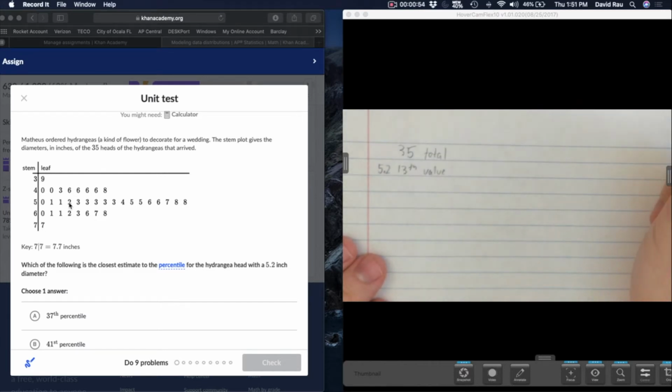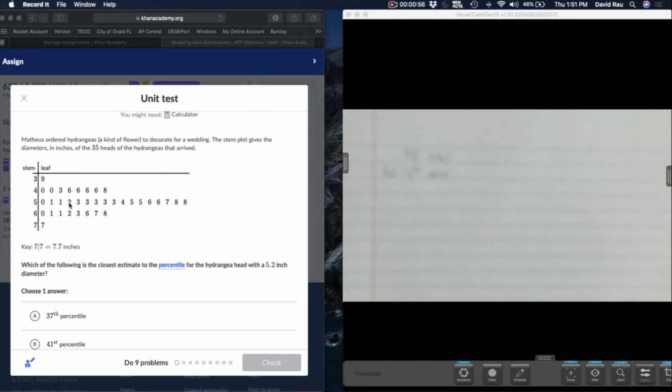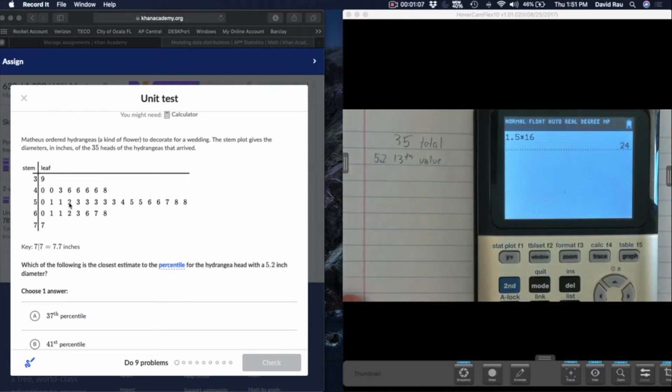All right, now from there, if we want to calculate the percentile for 5.2, all we have to do is figure out how many values are less than or equal to 5.2. And that's going to be, well, there's 13 divided by 35. So that means 37.